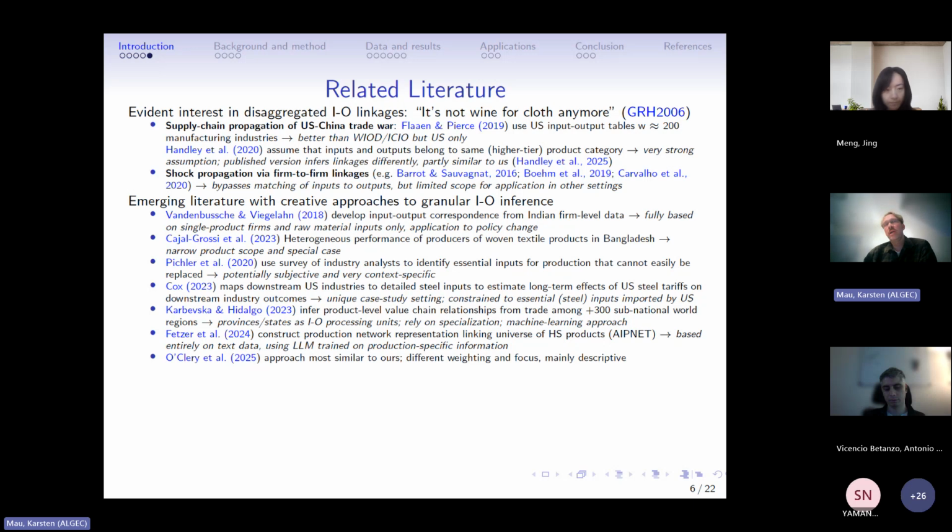They use single-product firms in India, and they can observe which materials those single-product firms are buying, and from this they get basically a many-to-one mapping of the purchased inputs to the output product of the firm. So they really restrict themselves to single-product firms to avoid mismeasurement or inaccuracies that would be entailed by multi-product firms.